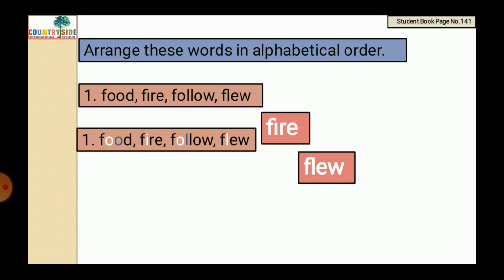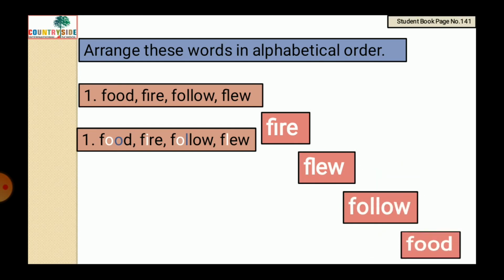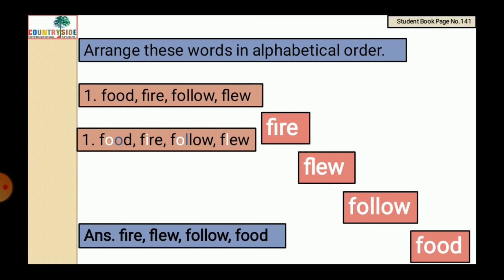And which one comes first in the alphabetical order? L comes first, right? So the third word would be follow. And the last word in the alphabetical order would be food. So we may write the answer as fire, flew, follow and food.